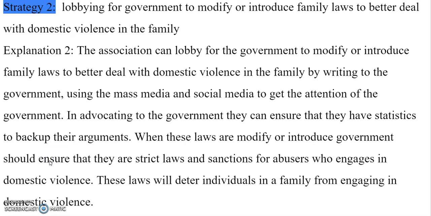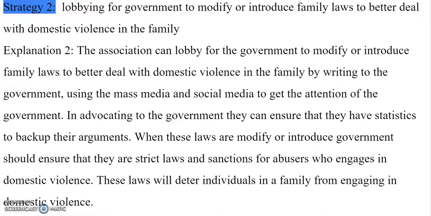Strategy 2: lobbying for government to modify or introduce family laws to better deal with domestic violence in the family. Now, I am going to explain in explanation 2 why I believe that this strategy, lobbying for government to modify or introduce family laws to better deal with domestic violence in the family, will be successful.